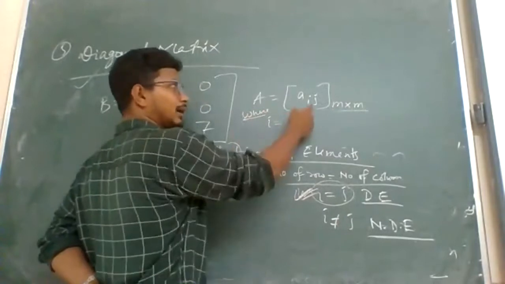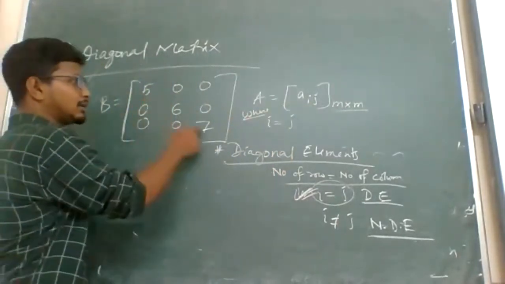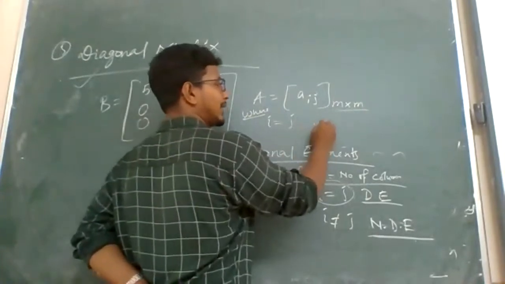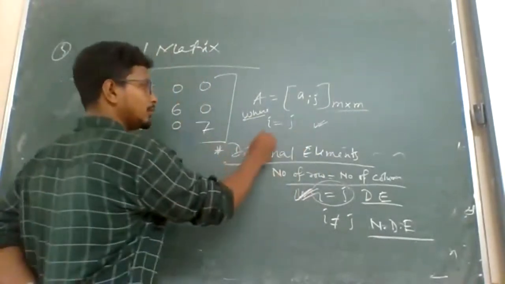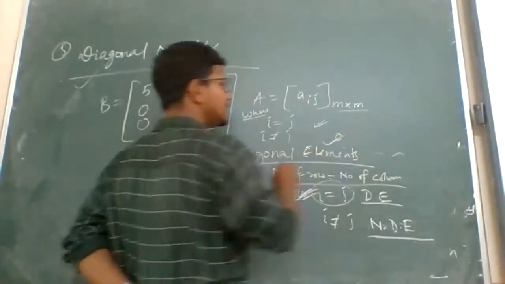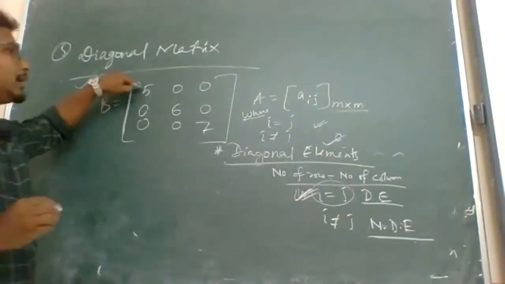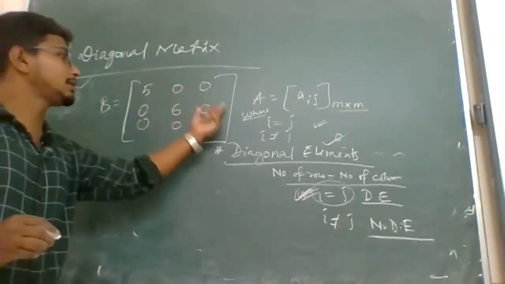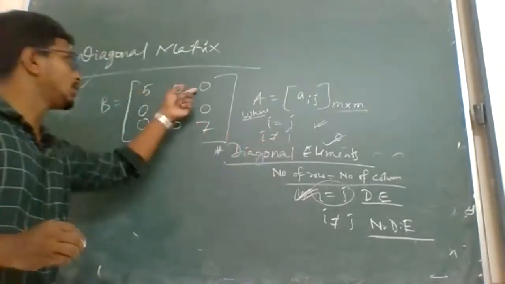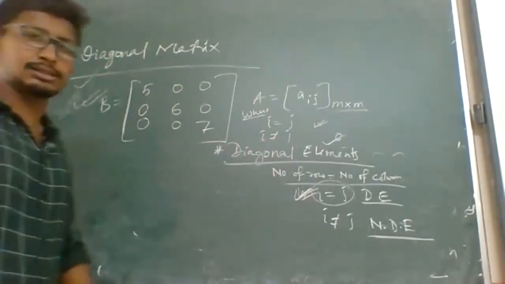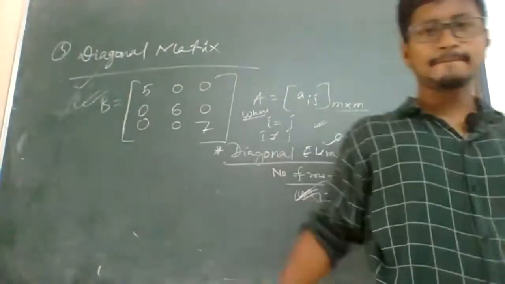Where i equals j, we will get some different elements. But where i is not equal to j, the non-diagonal elements, you will get all the elements 0. These types of matrices are known as diagonal matrices. Is it clear? Yes, sir.